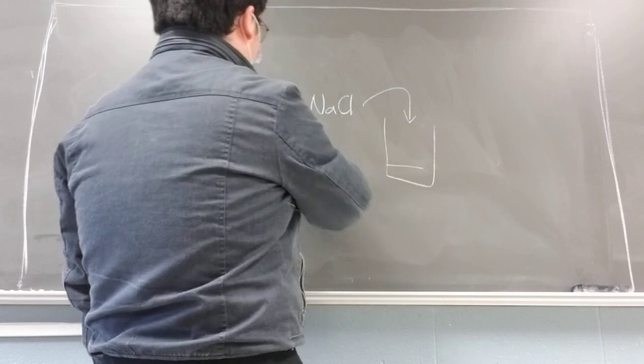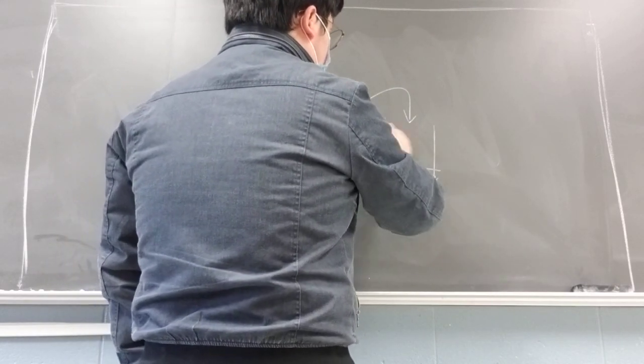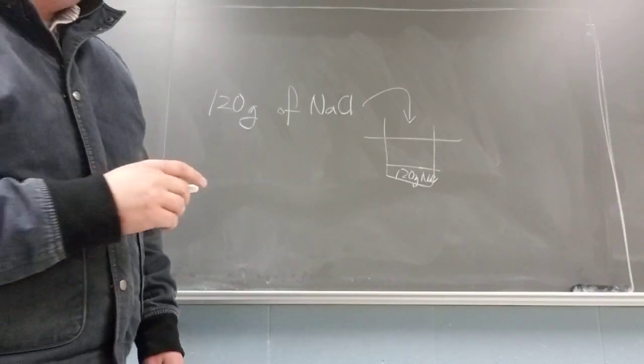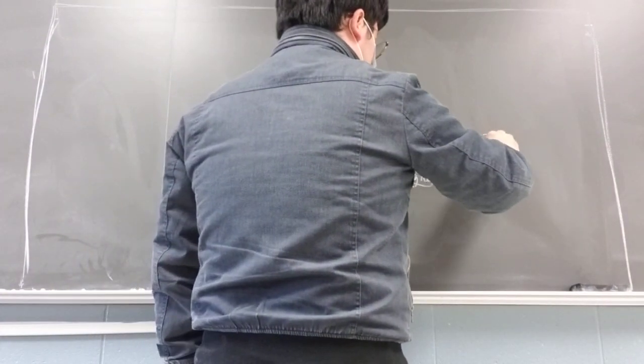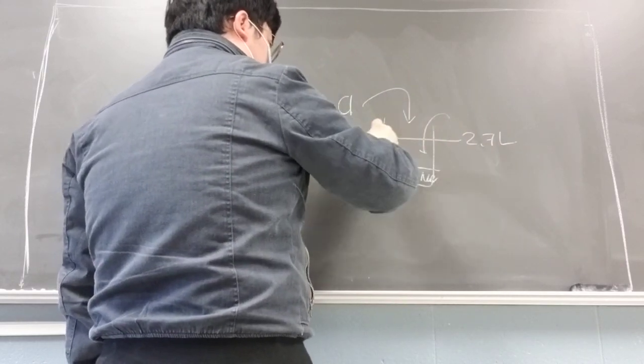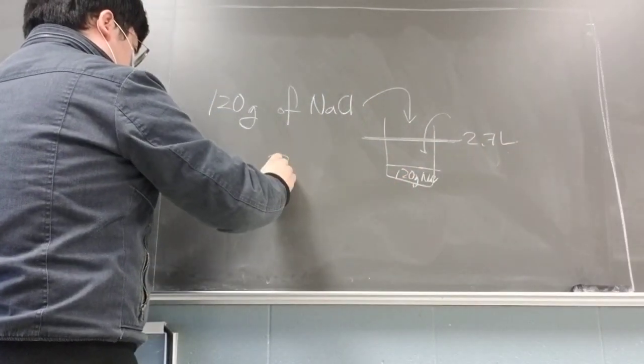So you put this 120 grams of NaCl in the beaker, and then you volume that up to 2.7 liters. So you add water until the solution hits that volume. So what's the concentration?